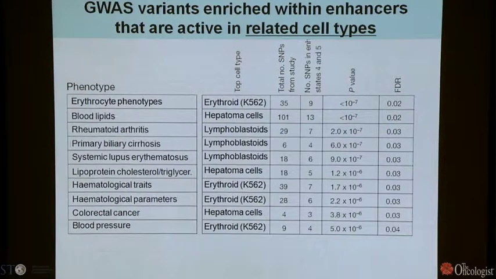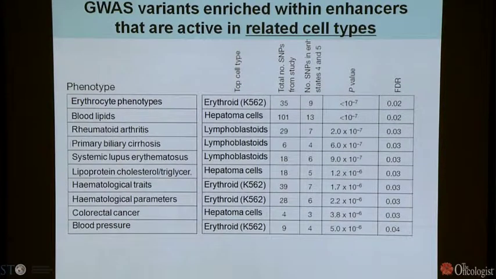So here are a number of examples. The top association we pulled out in a totally unbiased approach was a genome-wide association study for erythrocyte phenotypes. The sequence variants, the SNPs between individuals that are most associated with different erythrocyte phenotypes, are enriched in enhancers that are specifically active in K562 cells, which is an erythroleukemia cell line.